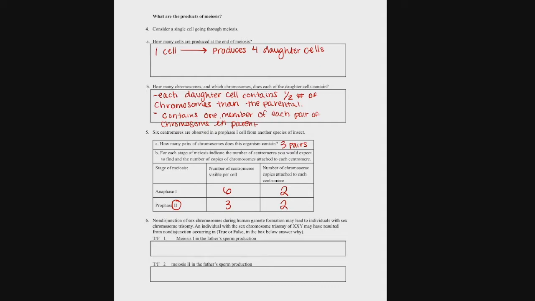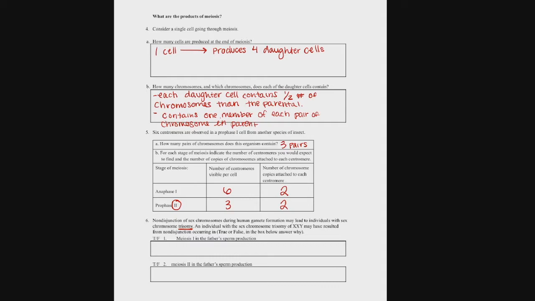So we see: non-disjunction of sex chromosomes during human gamete formation may lead to individuals with sex chromosome trisomy. That just means that instead of an XX, which is 2, we're seeing XXY or XYY, things like that.